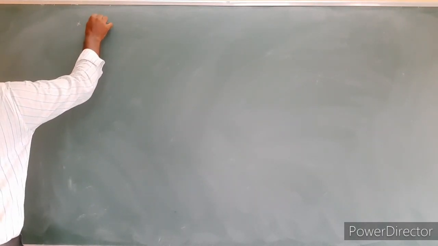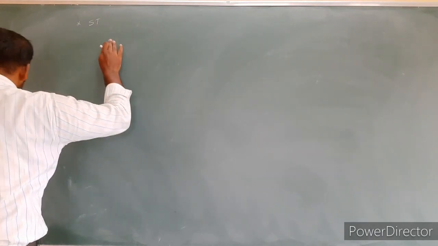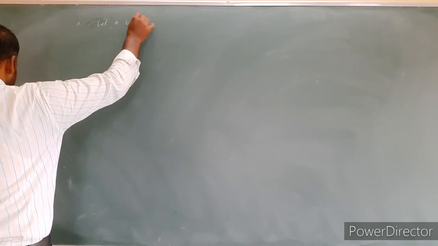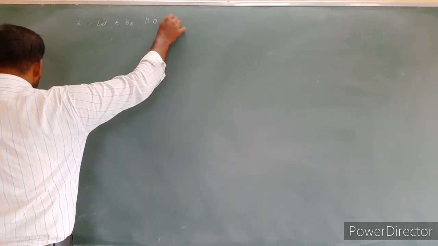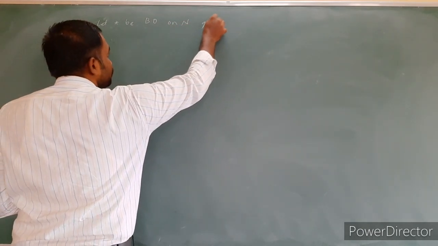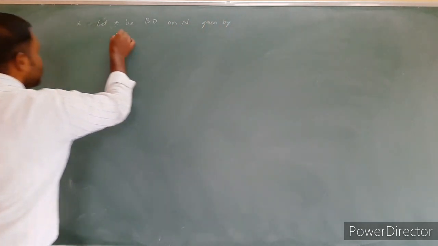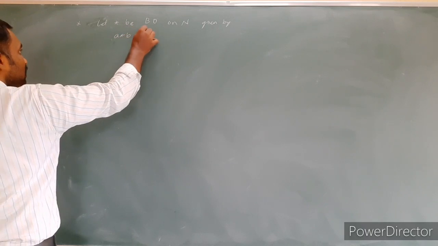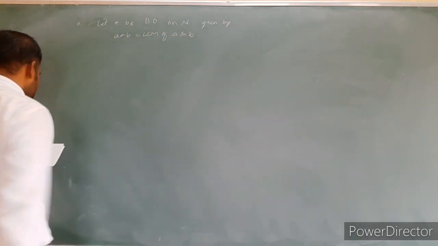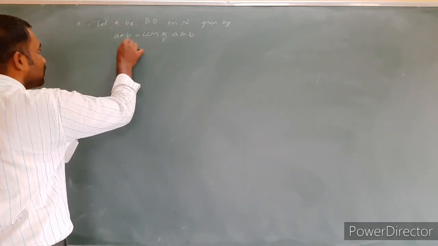Show that, let star be the binary operation on the set of natural numbers given by A star B is equal to LCM of A and B.